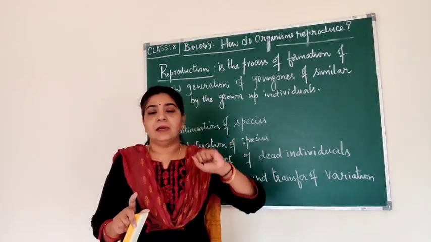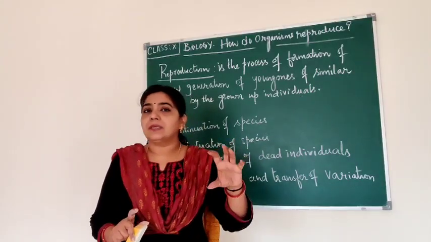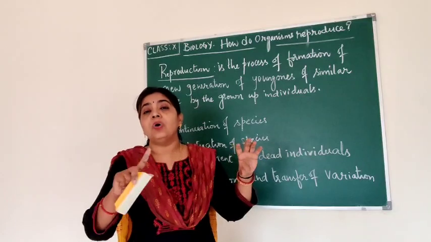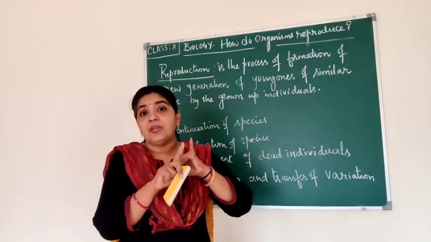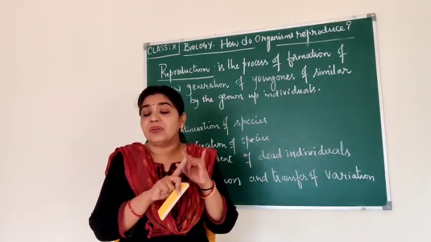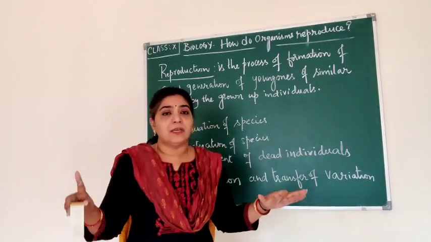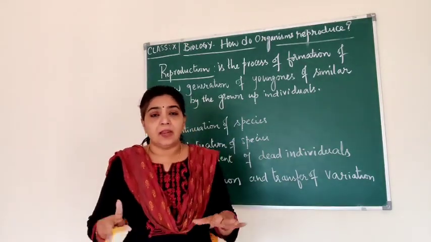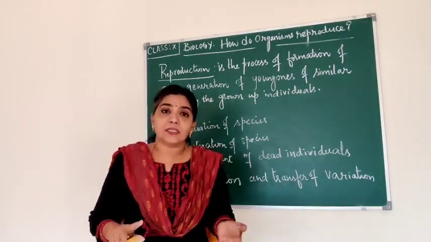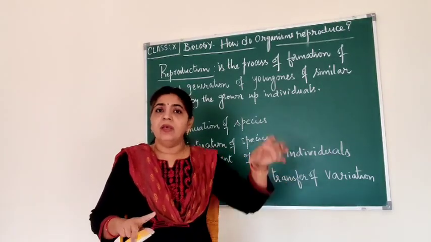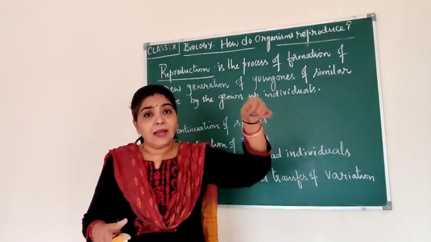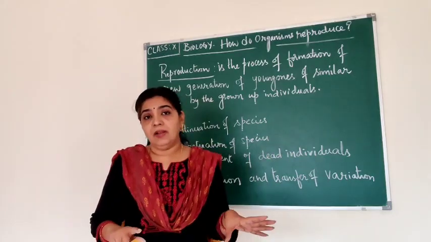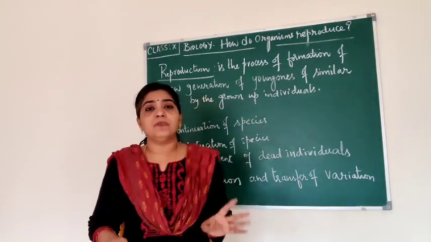Say there is a cat. If it does not take food, if it does not respire, if the transportation of materials is not done properly, or if it does not excrete, what will happen? That individual organism will die. So that's the definition for life process.